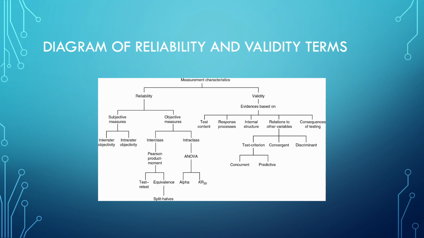And we do need to know inter-rater objectivity versus intra-rater objectivity. And then under the objective measures, we talked a lot about the interclass and the downline of that, and not so much about the intra-class. So you don't need to worry about that as much because we didn't really talk about ANOVAs. And then when we're talking about validity and the evidence based on, I would know that whole side of the chart and what all of those terms mean. That will be really helpful.